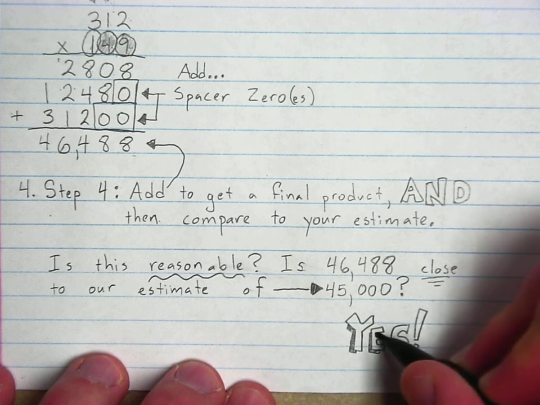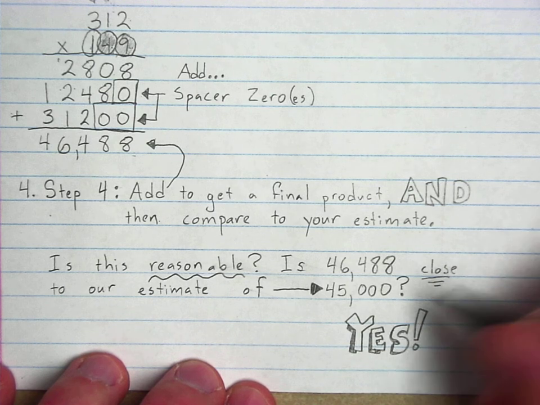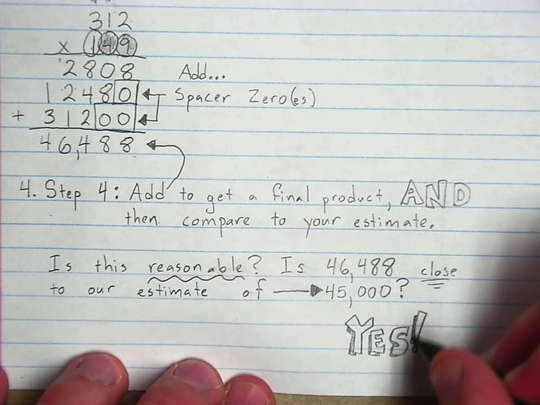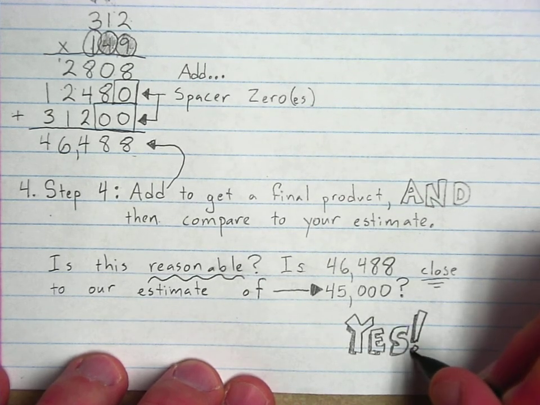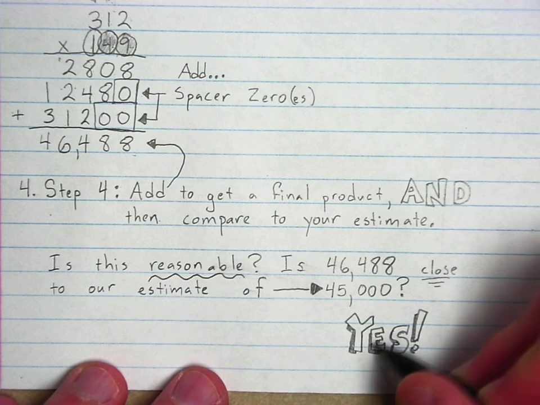If you had estimated the way that I taught you to, which I know I hate going back on that, but that's estimation for you. If you had just rounded 149 down to 100, you would have ended up with an estimate that was far, far smaller. You would have ended up with 30,000. 30,000 would be close enough.